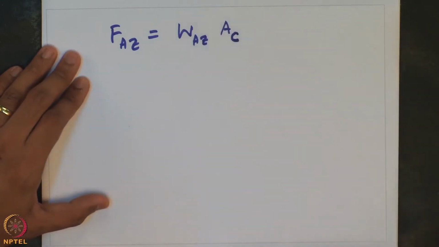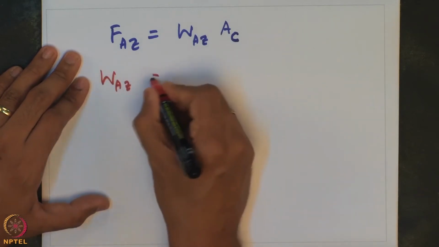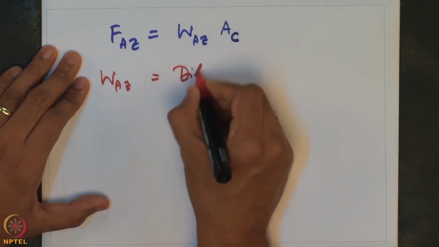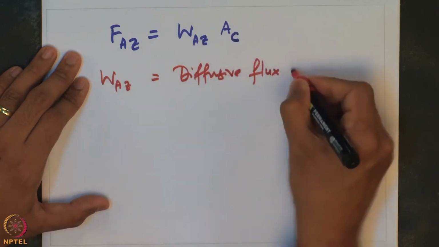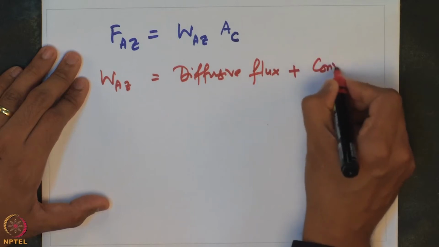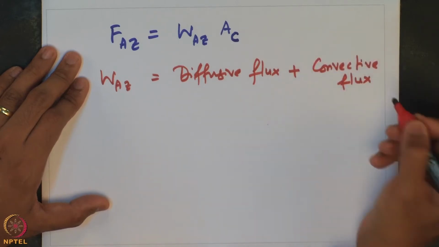Now, how do we find the molar flux? The molar flux W_Az has two components. One is the diffusive flux, the flux because of diffusion, plus the flux because of the bulk flow or convection.